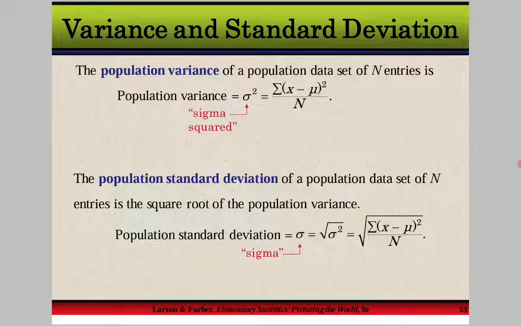The population standard deviation of a population data set of n entries is the square root of the population variance.